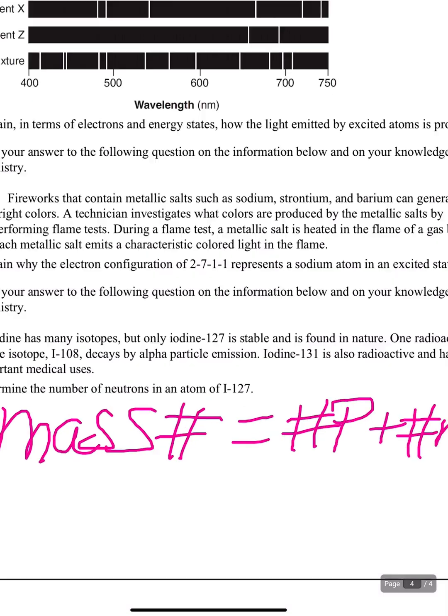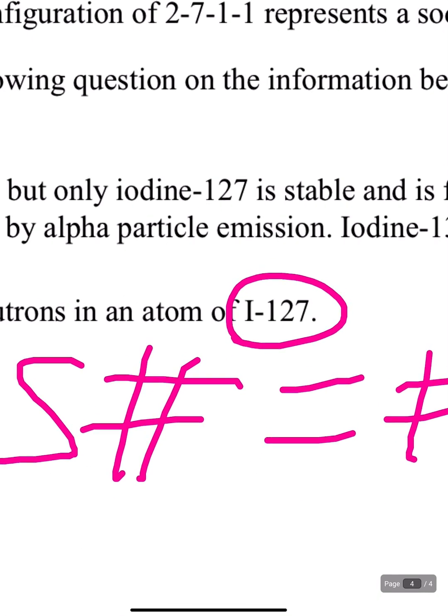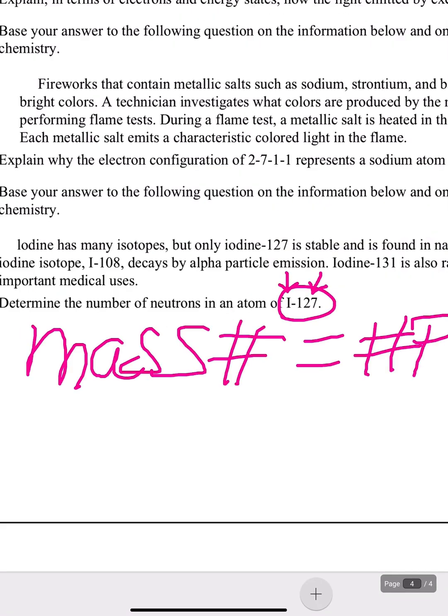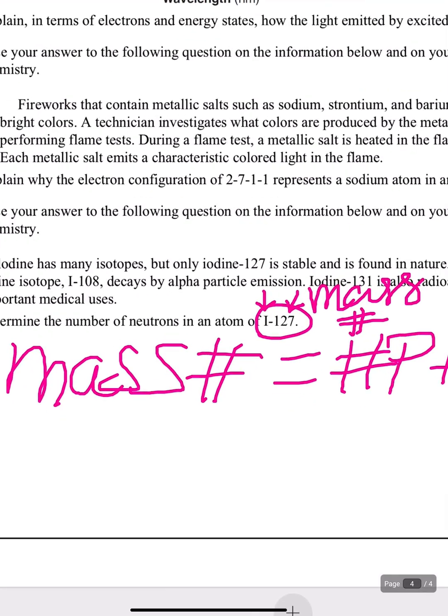This right here is telling us something. It tells us the element, which is I, and it tells us 127. That 127 represents mass number. If you did not know that, you need to write that down. The mass number is represented by the number after the dash, 127.